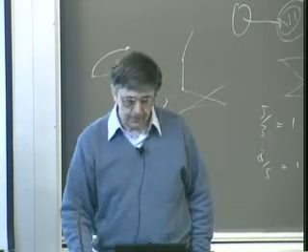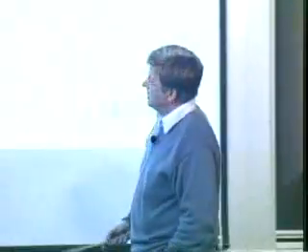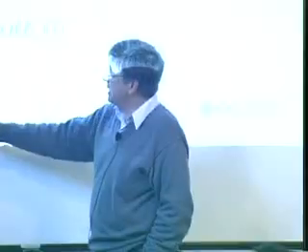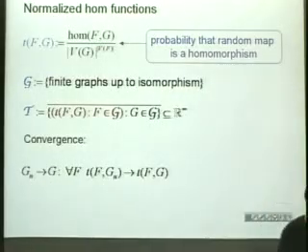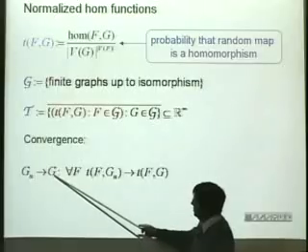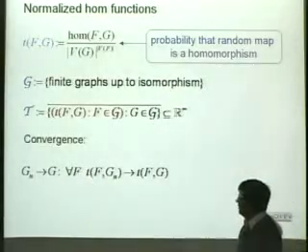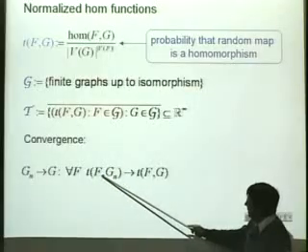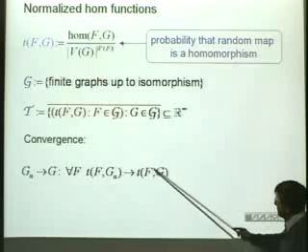One thing that this suggests is to define convergence. So let G_n be a sequence of graphs. Normally they would be bigger, and so the size would tend to infinity. And I say that this sequence converges to a graph G if for every F, t(F,G_n) tends to t(F,G).